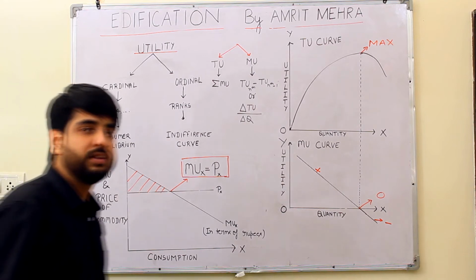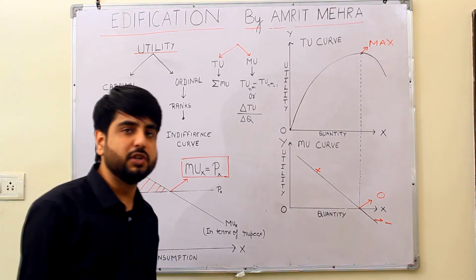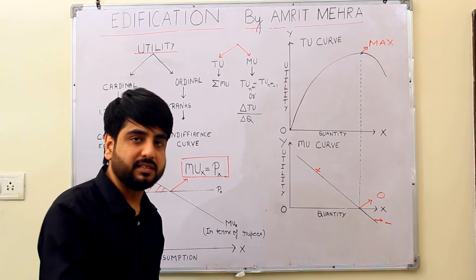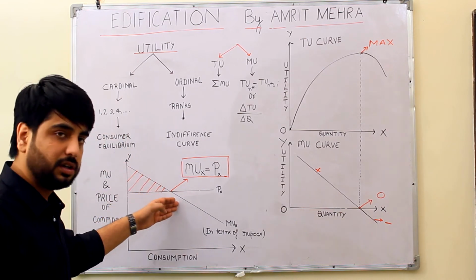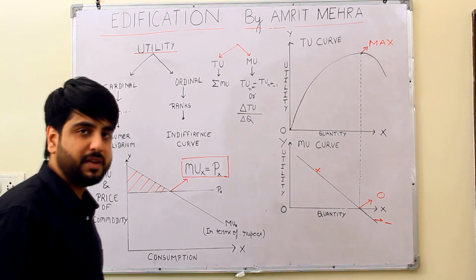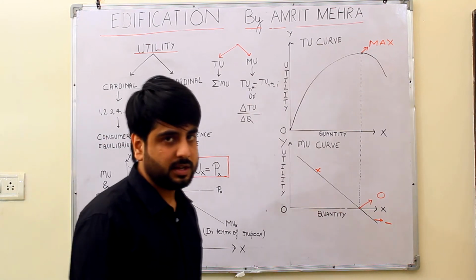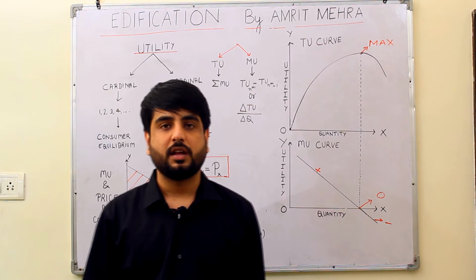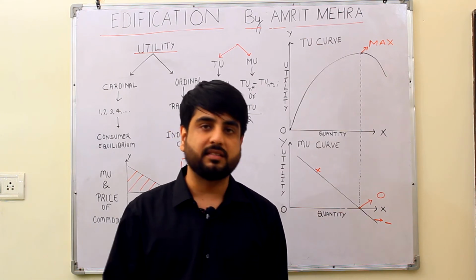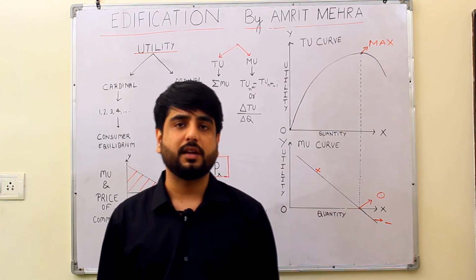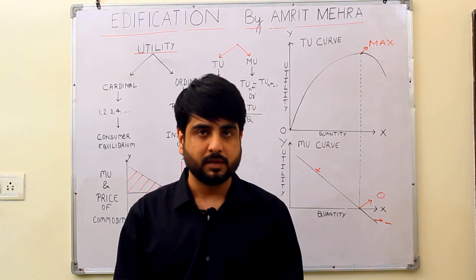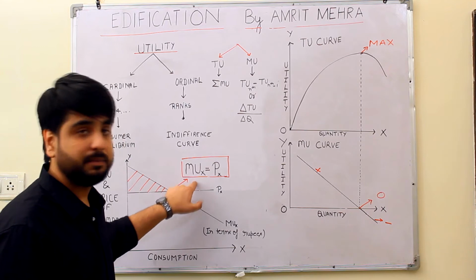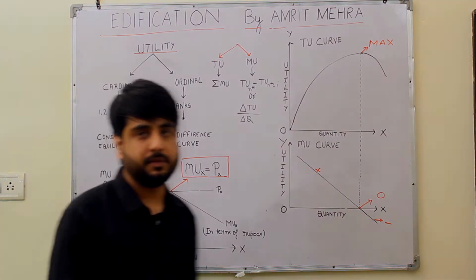So many a times students are confused that why didn't the consumer stop the consumption just after the first unit, why he has to carry on the consumption. We are again going by the logic that a consumer is trying to increase his consumption up till the point where the two values are in a state of rest or equilibrium, the formula being MUX being equal to PX.